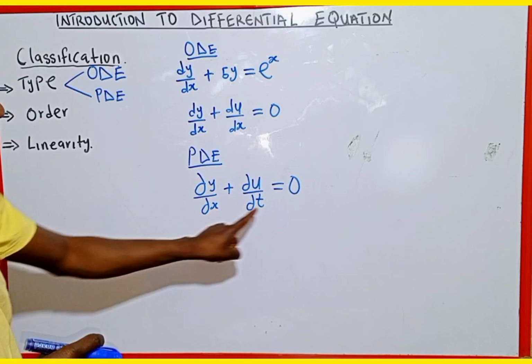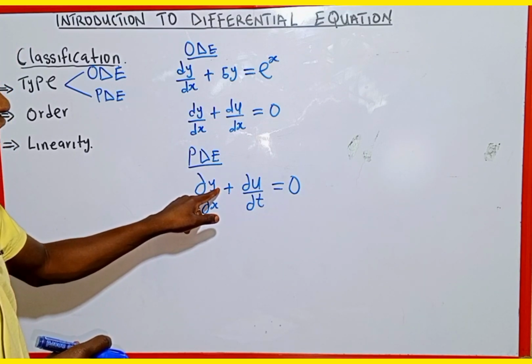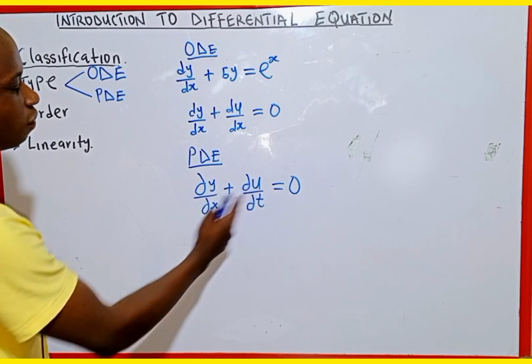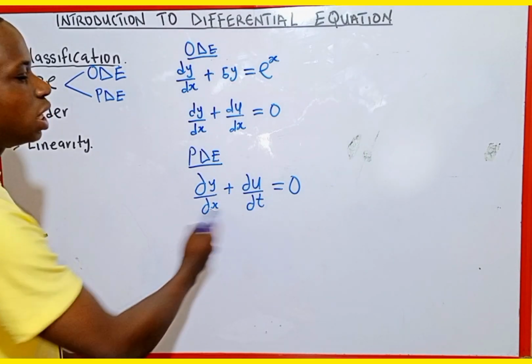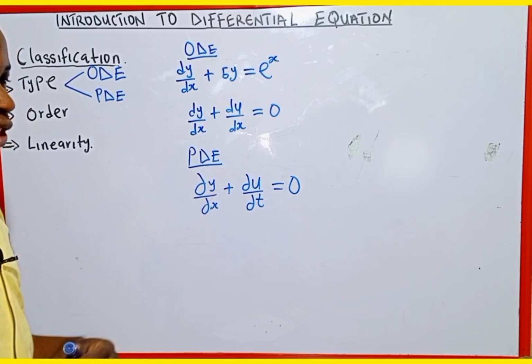The independent variables must be two or more, but the dependent variables are one or more. In this case, we have two dependent variables and also two independent variables. So this is an example of a partial differential equation.